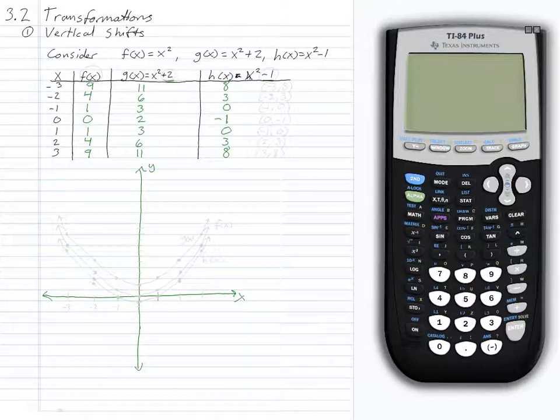So if we have 1, 2, 3, and negative 1, 2, 3, and then 1, 2, 3, 4, 5, 6, 7, 8, 9, 10, 11. And that's about as high as we'll need to go. Remember, we're going to graph f of x first. That's one of our basic functions, so that's one that we should be able to graph very easily and quickly.